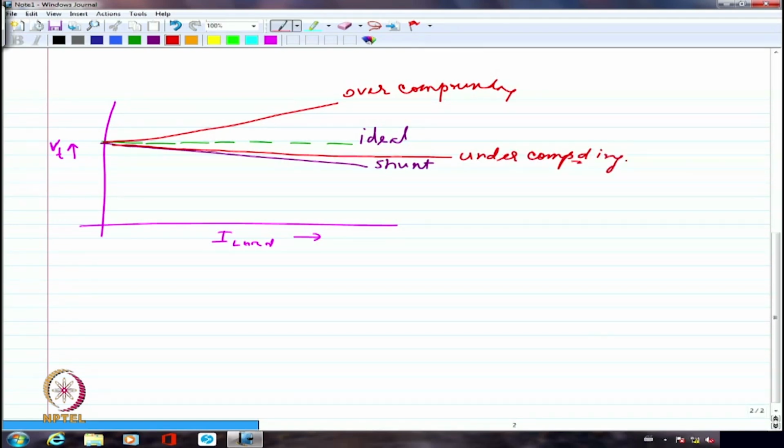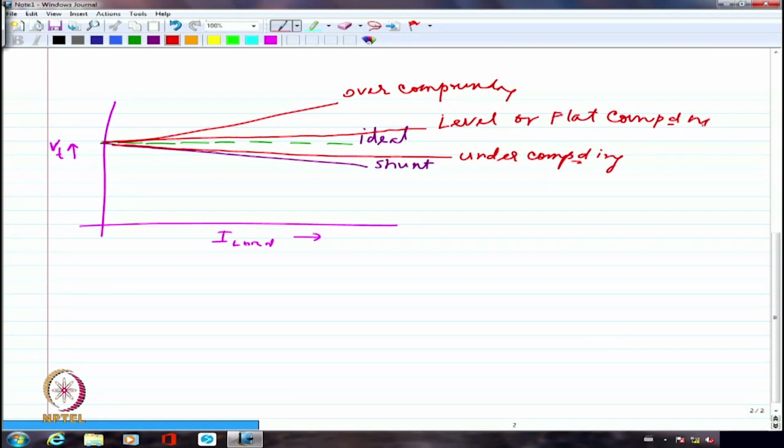Whereas if I am having the compensation in such a way that it is very close to the ideal characteristics, which will have the terminal voltage fairly constant irrespective of the load that I am putting on the machine, then I may call this level or flat compounding.